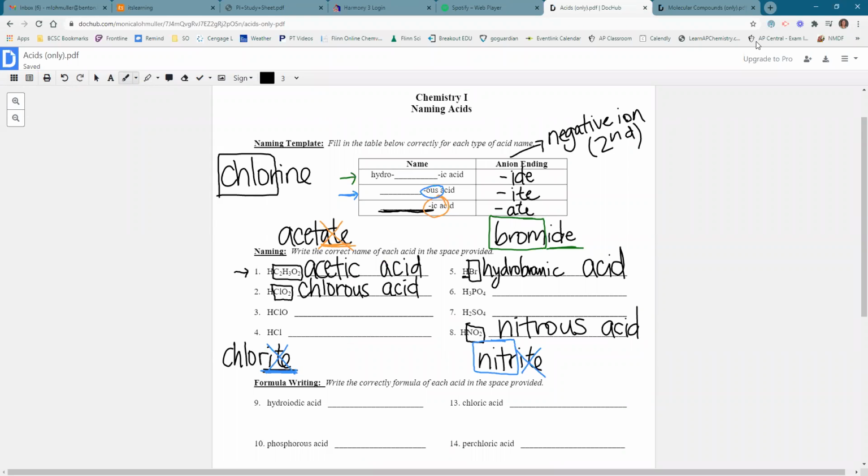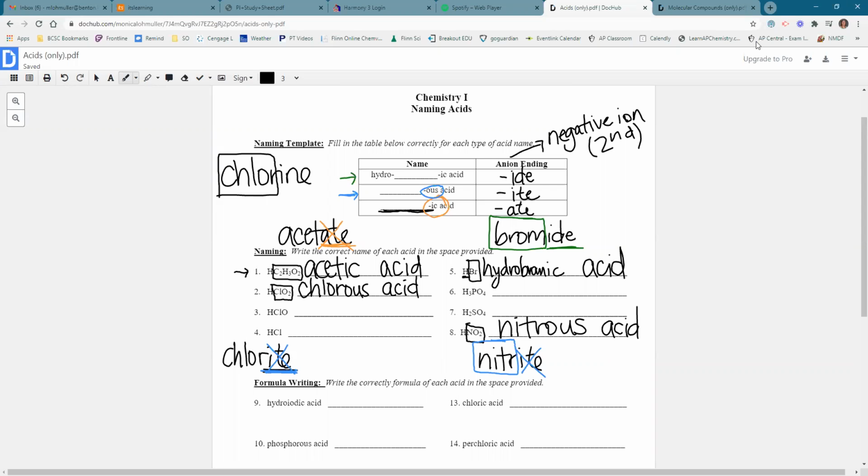Okay. There's a way to just erase the lines. So yeah, good question. Levi just said, what does it mean if the H has a number in front of it? Then what do we do? So like numbers 6 and 7, how 6 has H3PO4 or 7 has H2SO4.